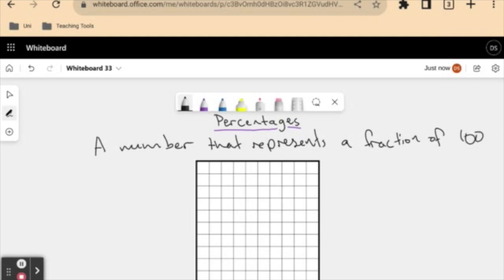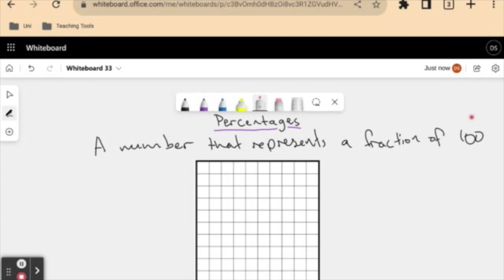So, what this essentially means is that percentages are a special type of fraction with the denominator of 100 because we are looking at a fraction of 100, some portion out of 100.